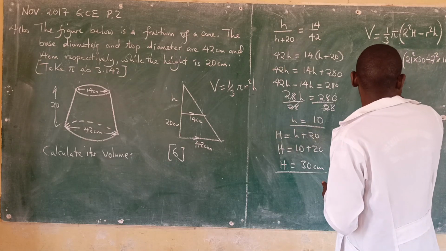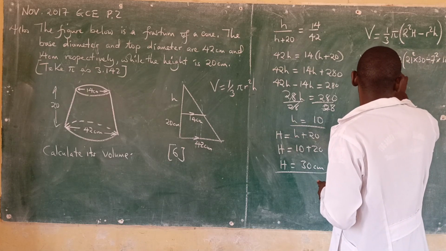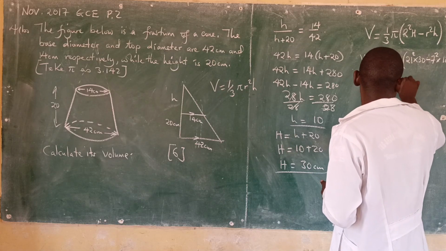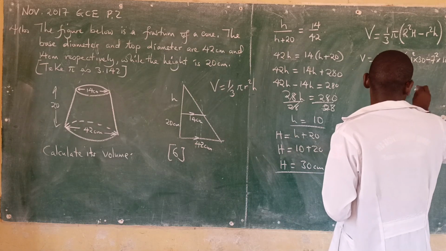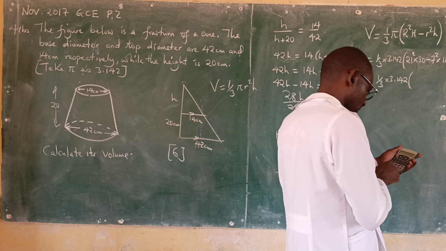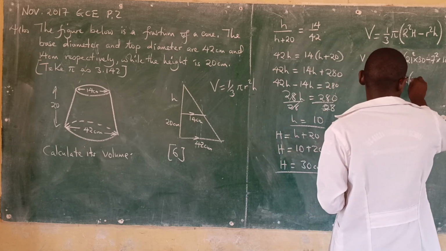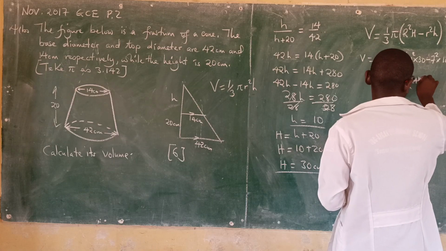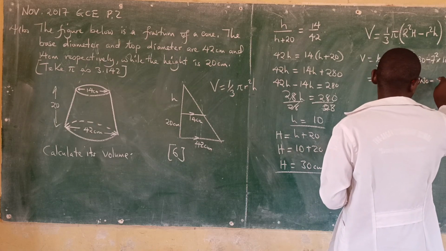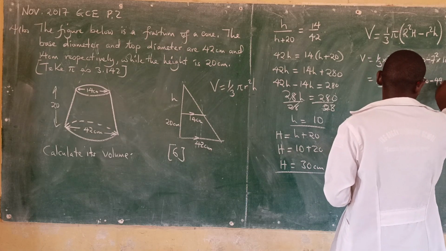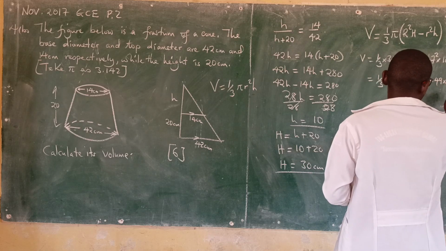So let's just evaluate this one. 3.142, and then 21 squared is 441. So 441 times 30 minus, that's 49, times 10.